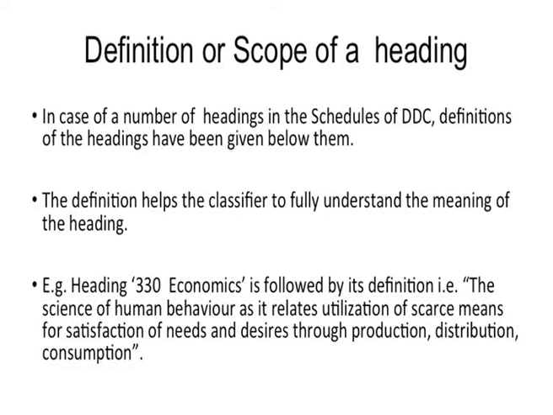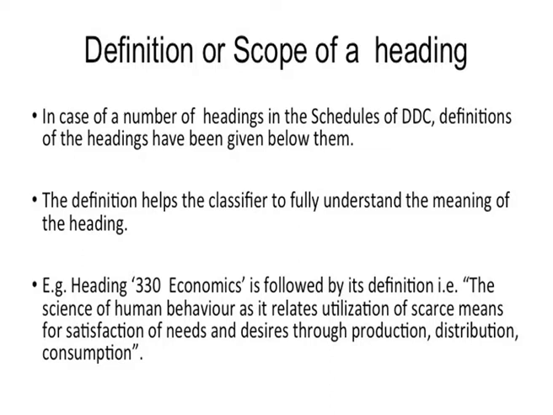In the case of a number of headings in the schedules of DDC, definitions of the headings have been given below them. Definitions explain to the classifier and make clear the meaning of the heading.